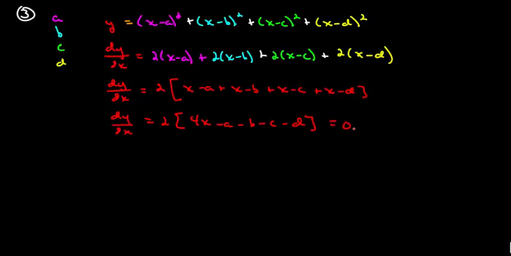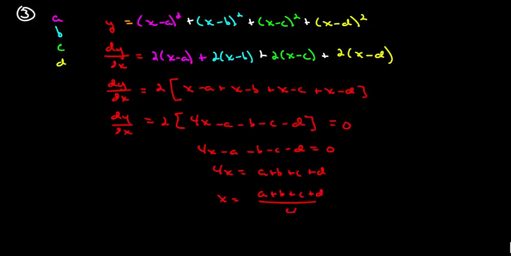Now the question is when is this equal to 0? If I set it equal to 0 and divide through by 2, I get 4x minus a minus b minus c minus d equal to 0. So 4x is equal to a plus b plus c plus d, so x is equal to a plus b plus c plus d over 4.